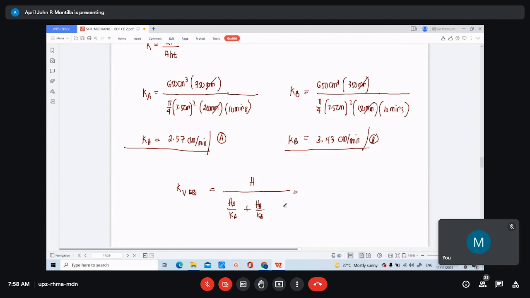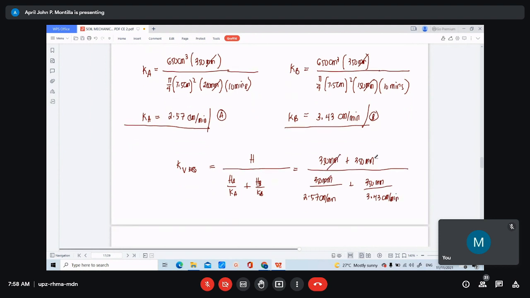HA plus HB, which is 350 mm plus 350 mm. Divided by HA, 350 mm, over KA, 2.57 centimeter per minute. Plus HB, 350 mm ulit, over KB, 3.43 centimeter per minute. Naka-stored values yung mga yan. Cancelled ang millimeters, naka-centimeter per minute ang hydraulic conductivity natin.